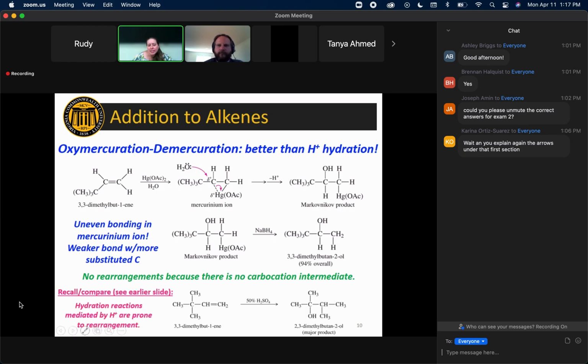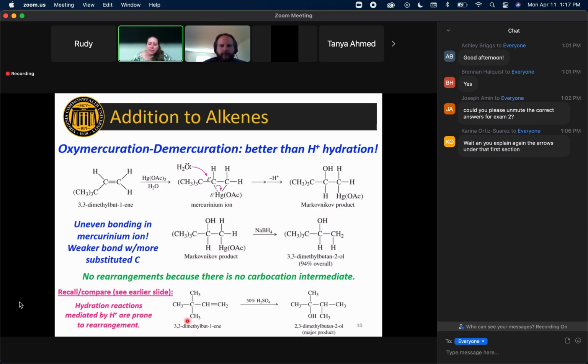And just as a reminder, this is the benefit, because if you recall back to Friday's slide, we tried to do this same hydration on this same substrate. I've drawn them a little differently here, but these are the same two compounds, 3,3-dimethylbutene. And when we try to do our acid-mediated hydration on this compound, we end up with our hydroxyl group all the way over here instead of on one of the carbons of the double bond like we had intended.